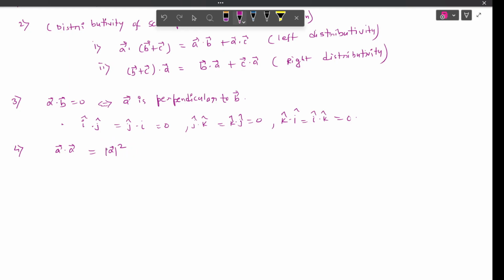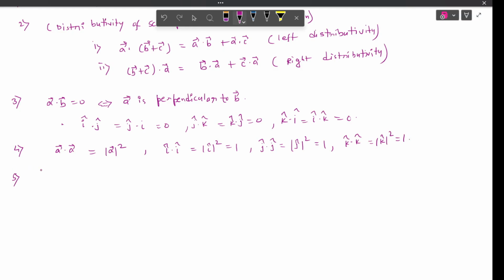Similarly, from this property we can say i dot i is modulus of i cap square, that is 1, because it has magnitude 1. j dot j is modulus of j square, that is 1, and k dot k is modulus of k square, that is 1.